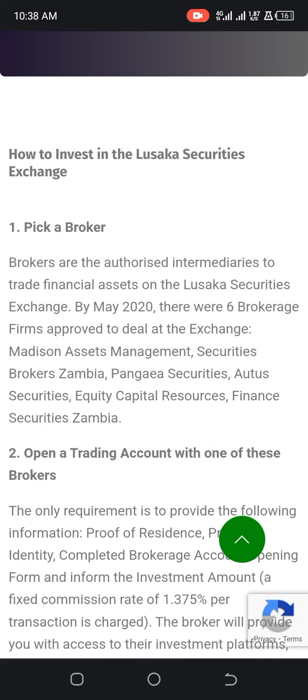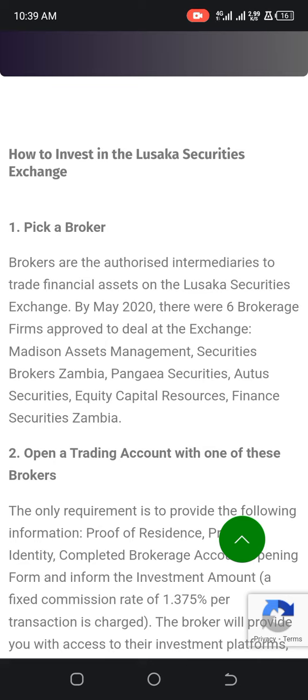The broker can help you with other services as well. They can be consultants, fund managers, wealth managers, they can help you to plan, and they can give you all the information or strategies that you need to employ in order for you to have a successful investment journey.